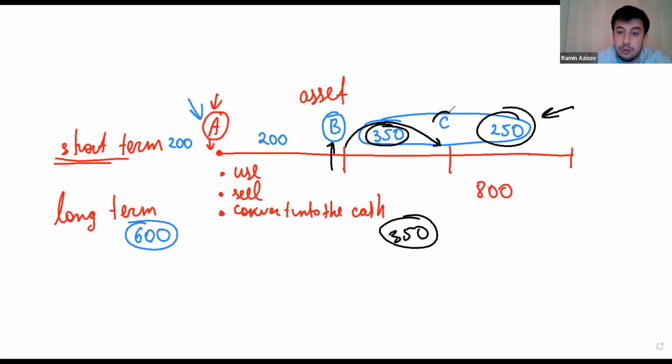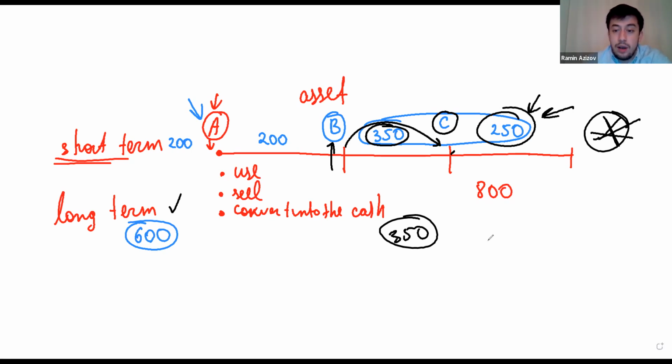If you have reached point C, you have no long-term asset. Why? Because you are not expecting to receive any cash after 1 year. You do not have any long-term asset, but you have a short-term 250 receivable. That is the logic of short-term and long-term assets.